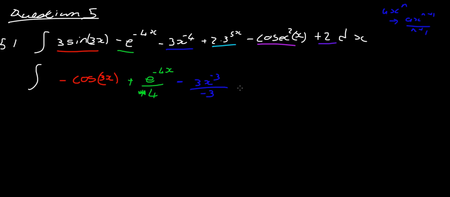Next we've got plus 2 times 3 to the 5x. Okay, so if we integrate 3 to the 5x, we are going to have 3 to the 5x over 5.